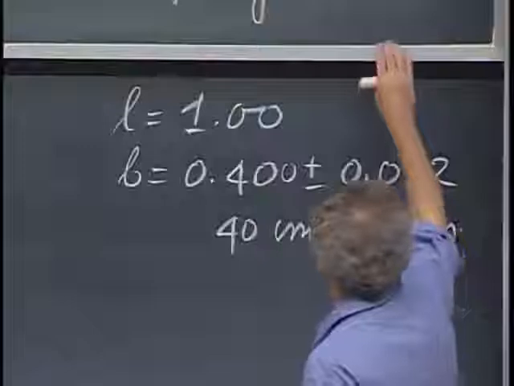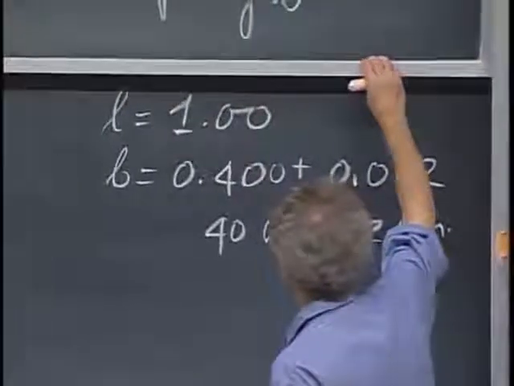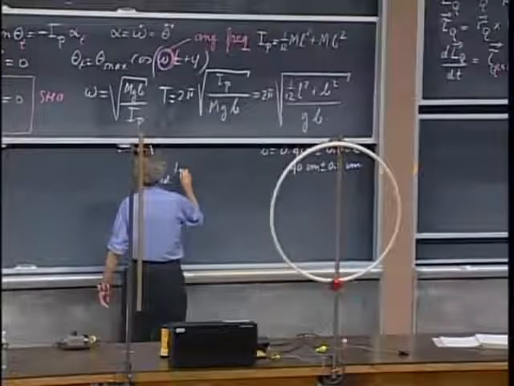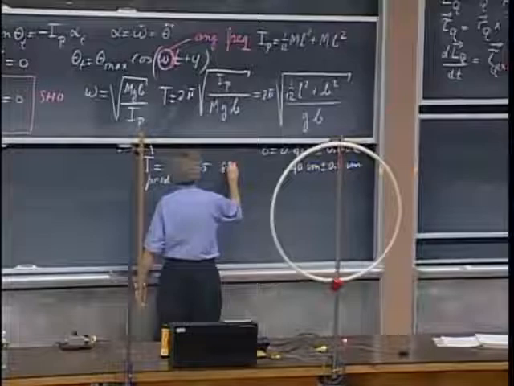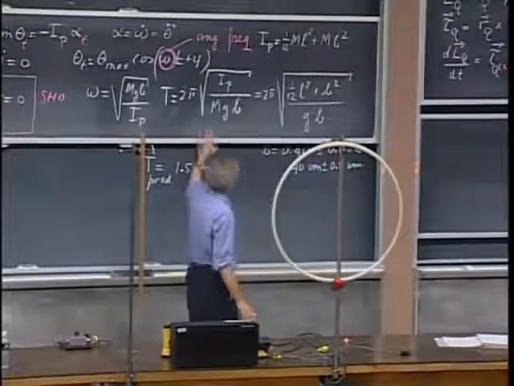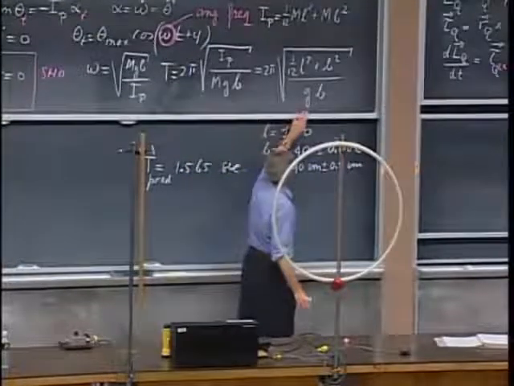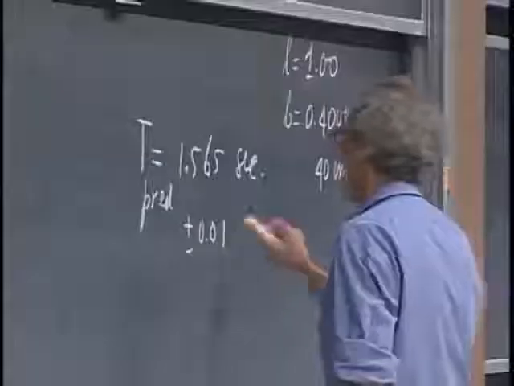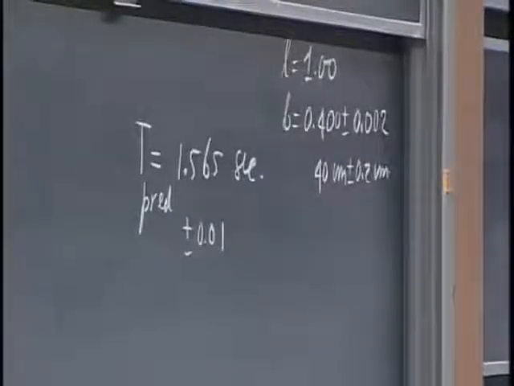I have upstairs L squared and b squared, and downstairs b, and that makes the error analysis a bit complicated. If I stick in the numbers, then I find a period which will be very close to 1.565 seconds. That's taking the exact numbers that I gave you for L, and I take for g 9.8, and I take the values for b. Since I prefer to be on the conservative side, I will allow for an uncertainty of about 0.01 seconds.